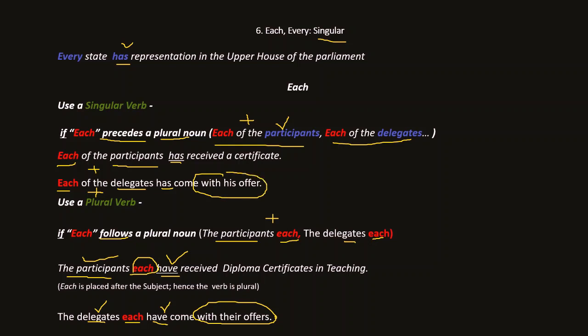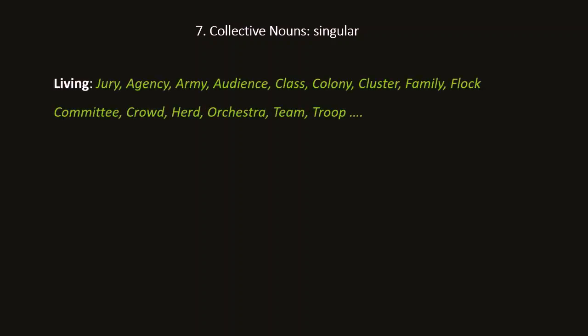Look at the list of collective nouns: jury, agency, army, audience, class, colony, cluster, family, etc. Similarly, you have another non-living group: baggage, equipment, fleet, furniture, citrus, etc. All these are called collective nouns because each of these words has some nouns in it.